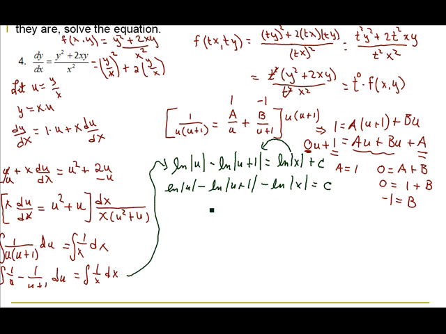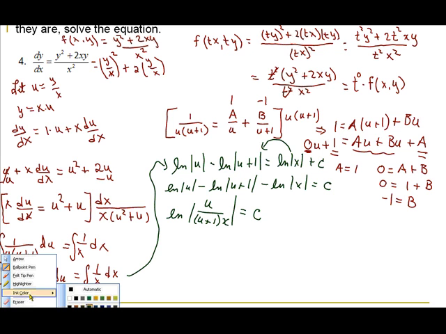And then combining these natural logs together, we're going to get natural log of u divided by u plus 1 times x. That x comes down in the denominator also because of the negative coefficient, is equal to c. I'm going to apply the exponential function in order to cancel out that natural log.